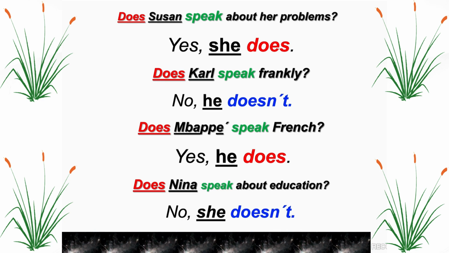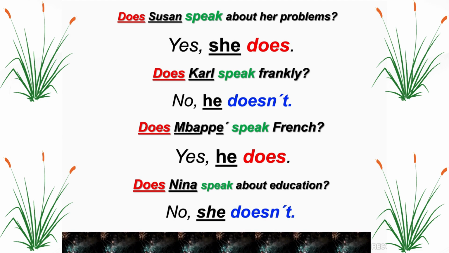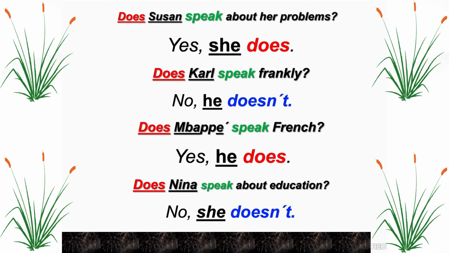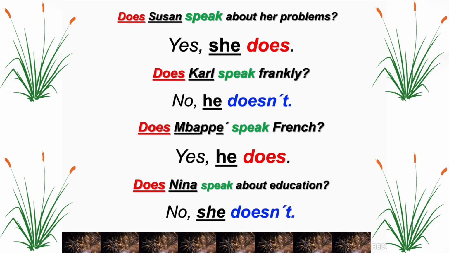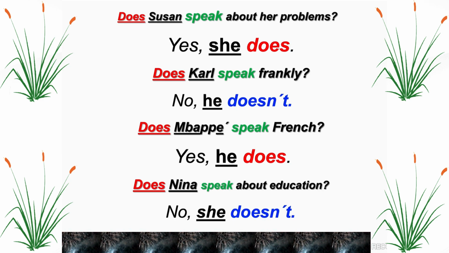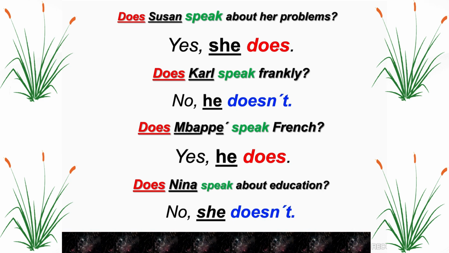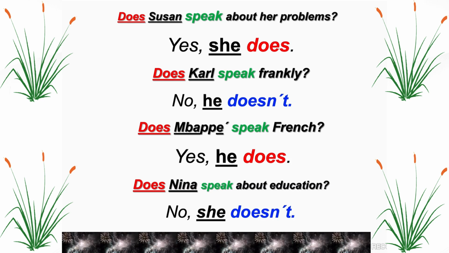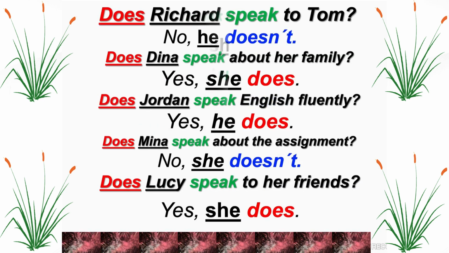Does Mbappe speak French? Yes, he does. Does Nina speak about education? No, she doesn't. So all the questions start with does. The answer, yes, she does. No, she doesn't. Let's go to the next slide.